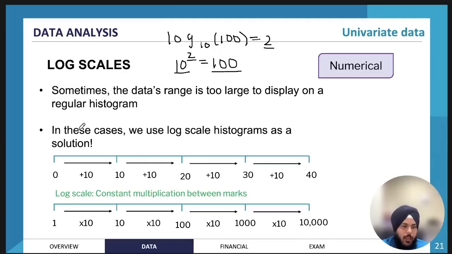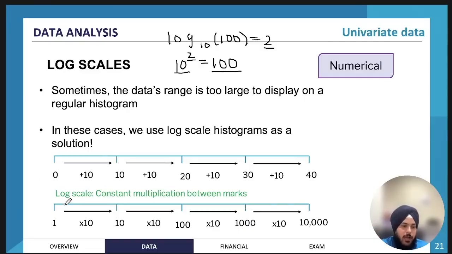So here is just an example of where we might use it. For a normal scale, we will have 0, 10, 20, 30, 40. However, in a log scale, there will be constant multiplication by 10. So we might do 1, 10, 100, 1,000, 10,000. But we have the same sort of gap, which would be very inaccurate, right?